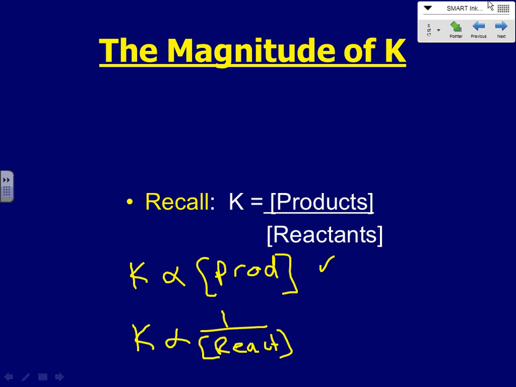Now I'm going to give you 3 slides that contain way too much information. But if K is proportional to the concentration of the products, and K is big, how much product do I have? A lot. There you have it. That's the logic right there. If K is big, we have a lot of product. That's it.